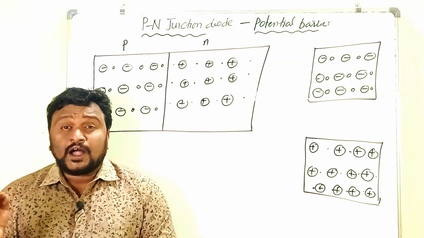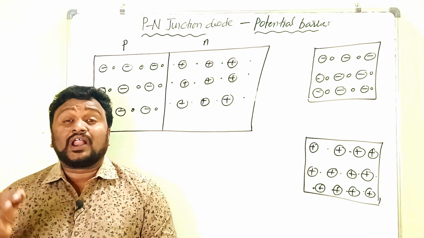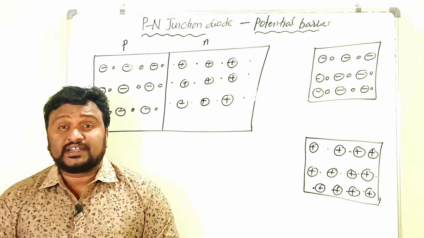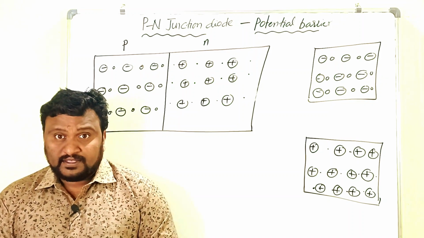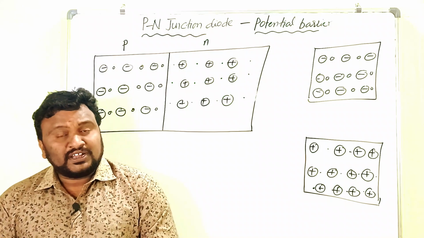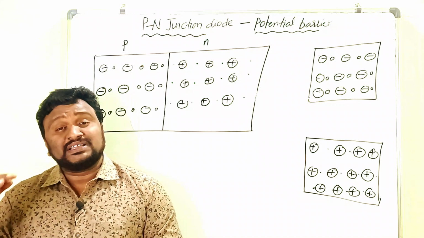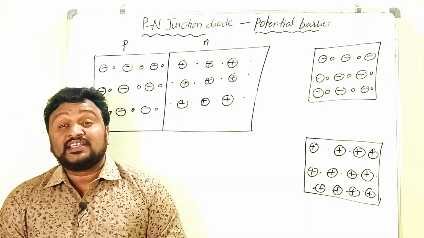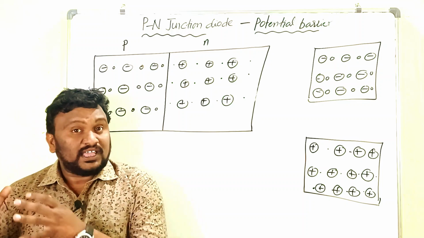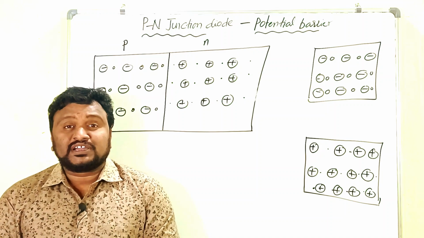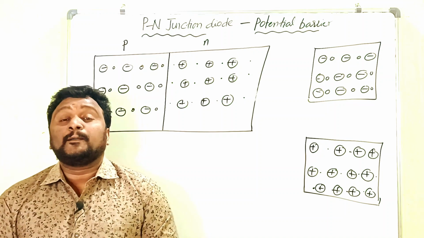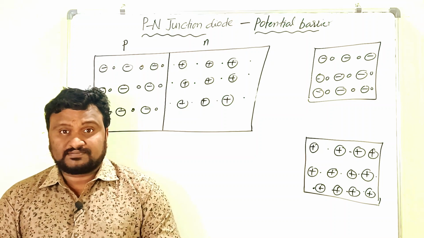When pentavalent impurities are added to the pure semiconductor, n-type semiconductors are formed. In p-type semiconductors, holes are the majority charge carriers and electrons are the minority charge carriers. In n-type semiconductors, electrons are the majority and holes are the minority charge carriers.